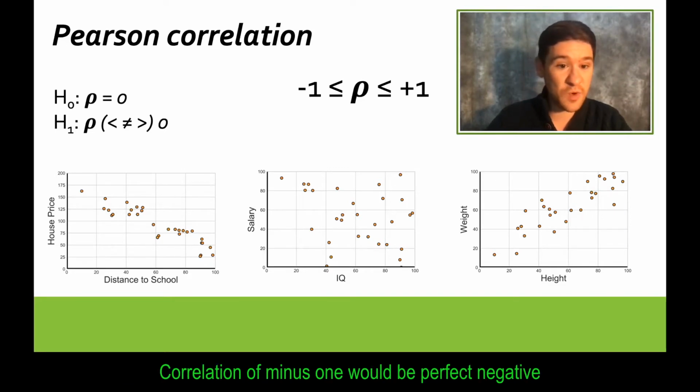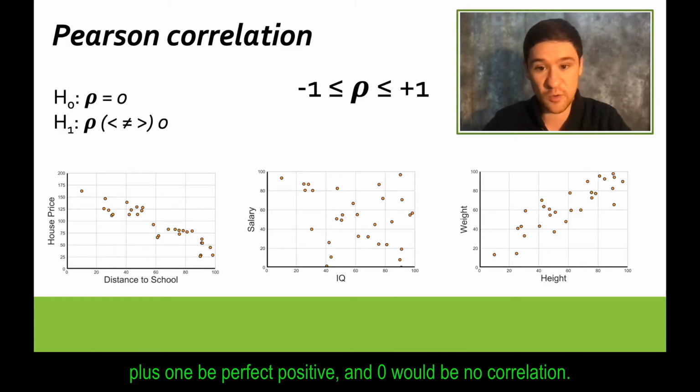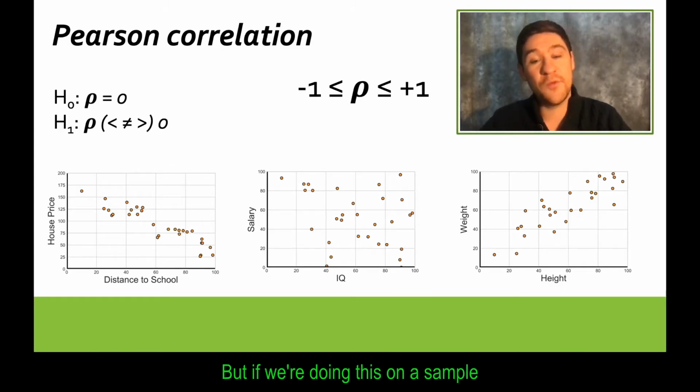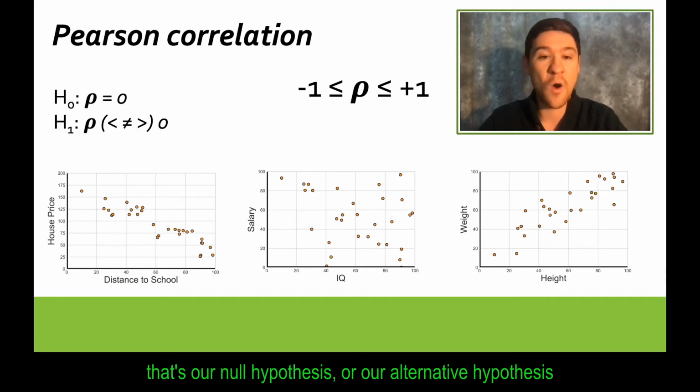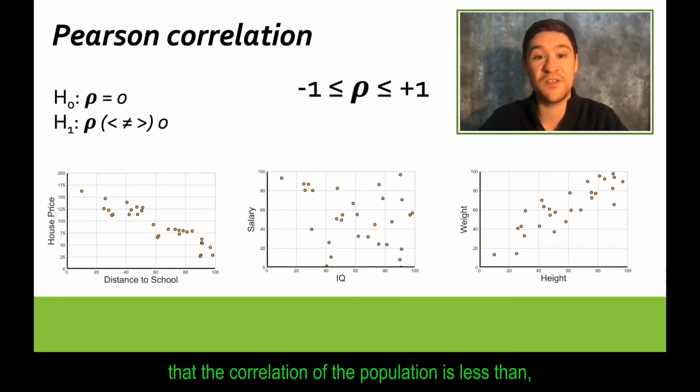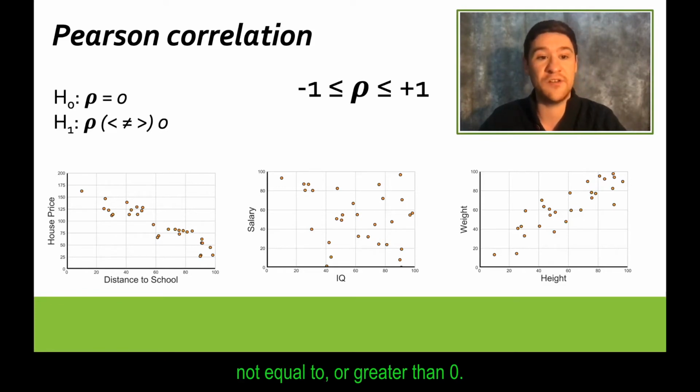Correlation of -1 would be perfect negative, +1 would be perfect positive, and 0 would be no correlation. But if we're doing this on a sample, we want to ask, is the correlation of the population equal to 0? That's our null hypothesis. Or our alternative hypothesis that the correlation of the population is less than, not equal to, or greater than 0.